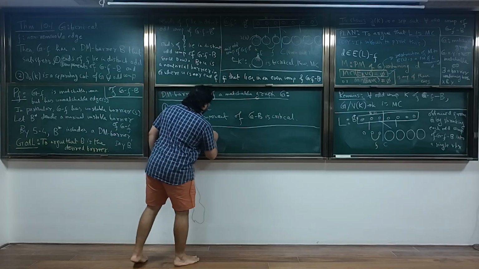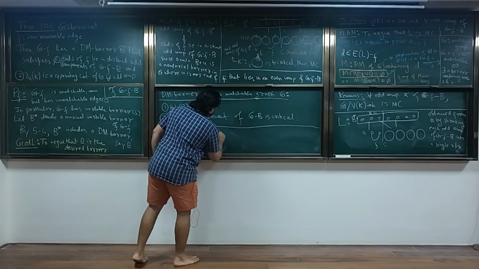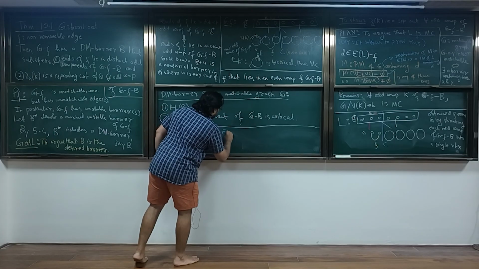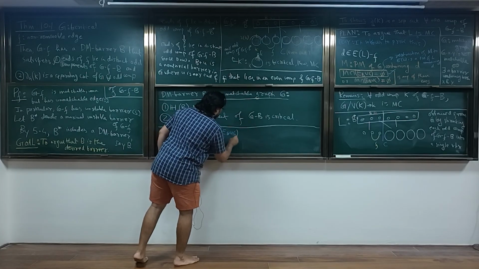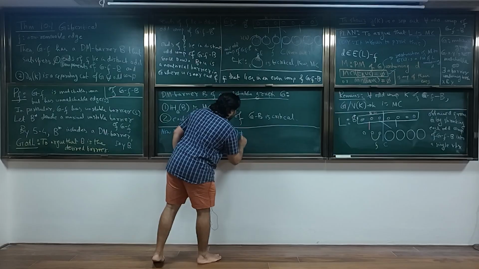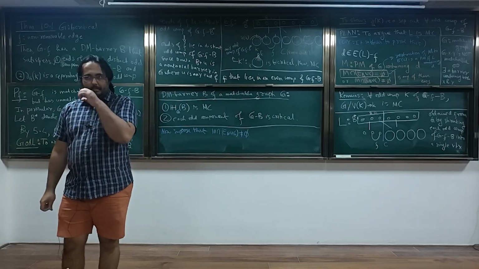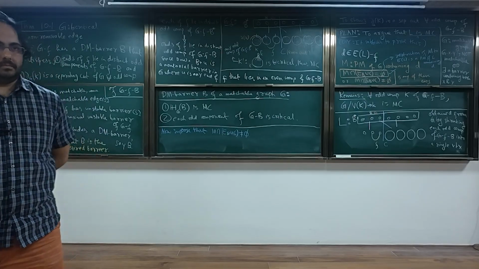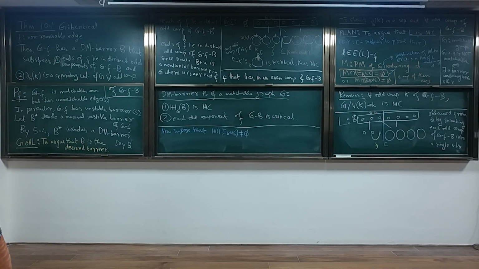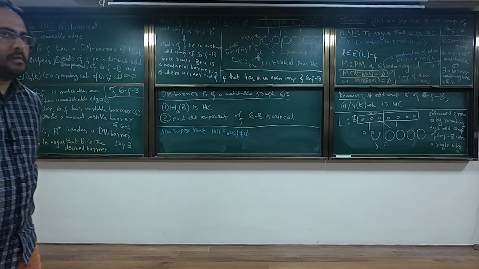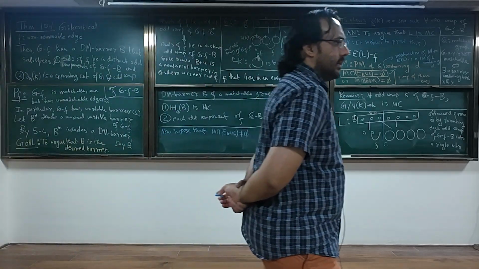Now suppose that your perfect matching M actually meets this set EB union C. Then what does it look like? Can you make some drawings and see what it looks like?